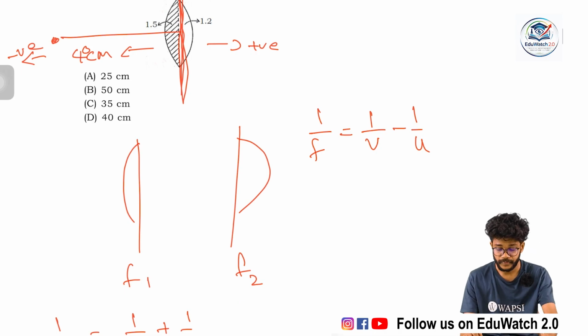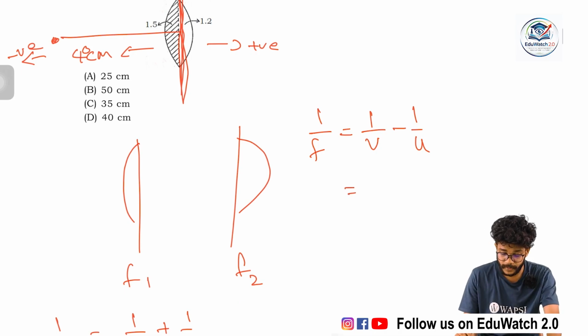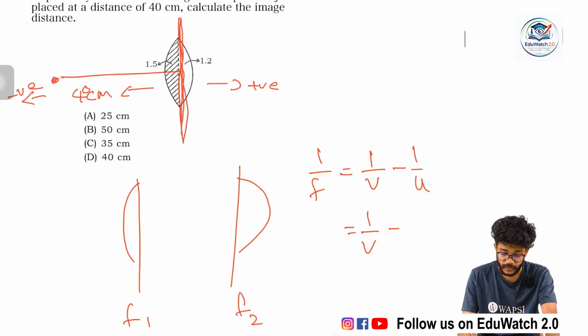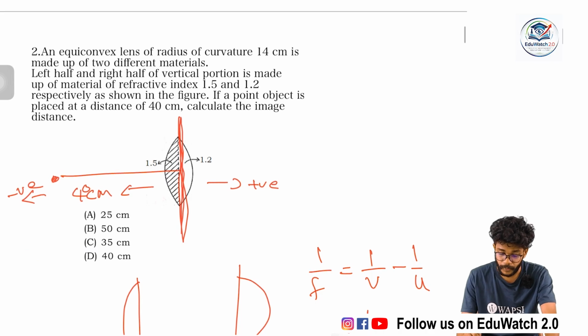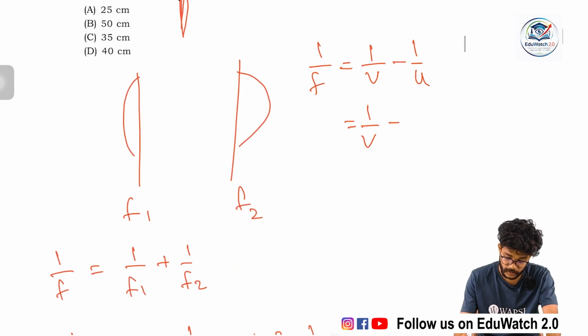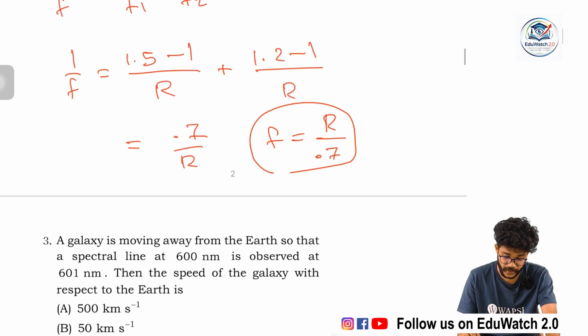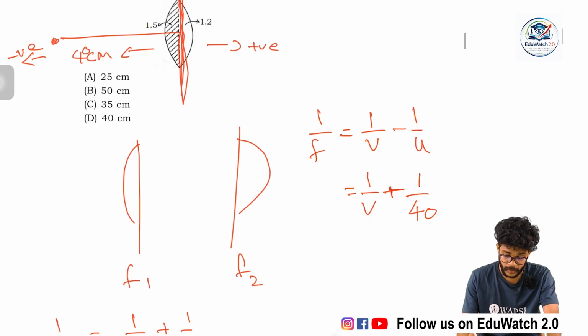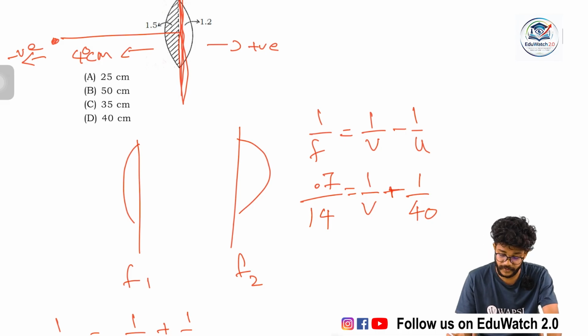So 1 by v we have to find, and u is 40 centimeter from the pole, so it can be minus, so 1 by v plus 1 by 40. Okay, what is 1 by f? 1 by f is nothing but 0.7 by r, and r is 14 centimeter. So 0.7 by 14 is equal to 1 by v plus 1 by 40.